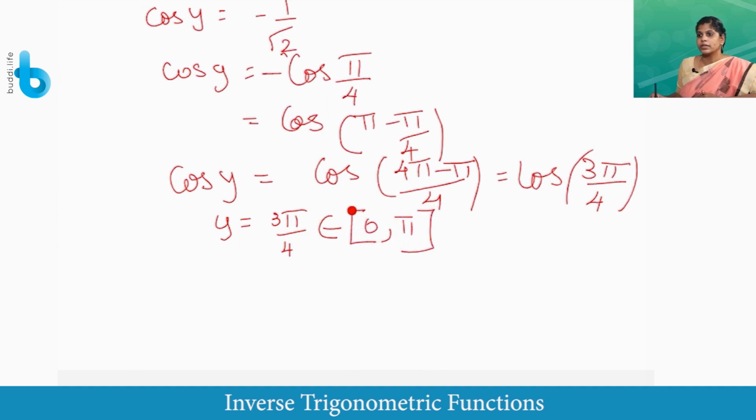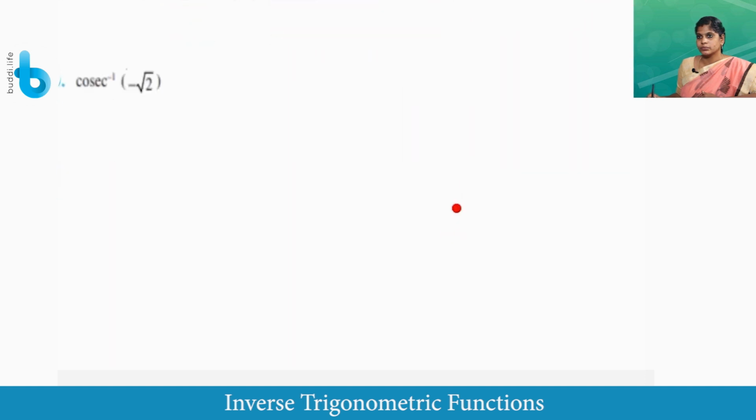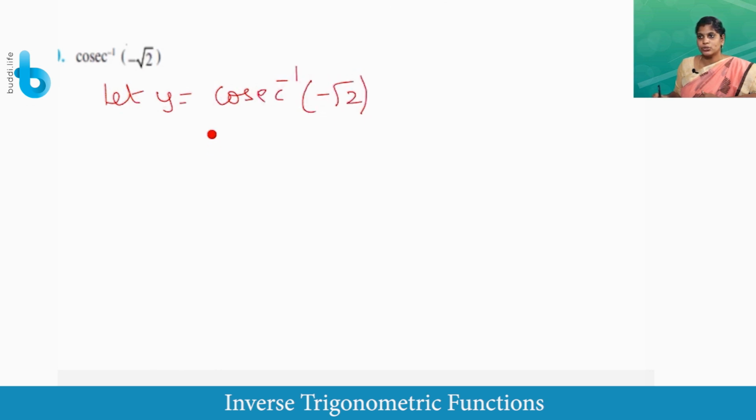Okay. Next, we move on to the next sum. Let y equal to cosecant inverse of minus root 2.